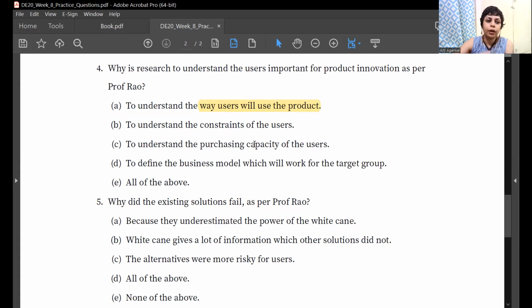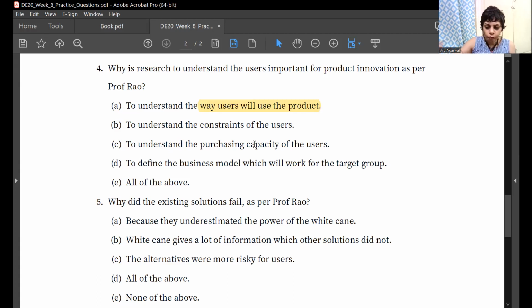And if you want to somehow change the way people use the product, you know who your users are. But if you want to launch some product which is going to be very different from the way they are already using the existing product, then it's an uphill climb.